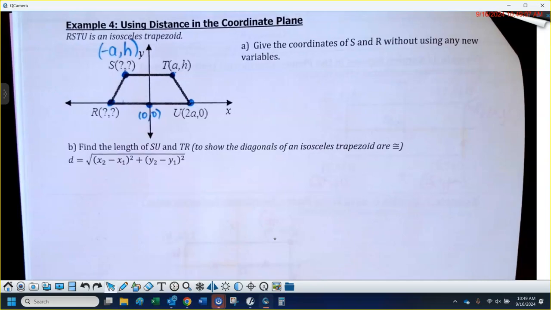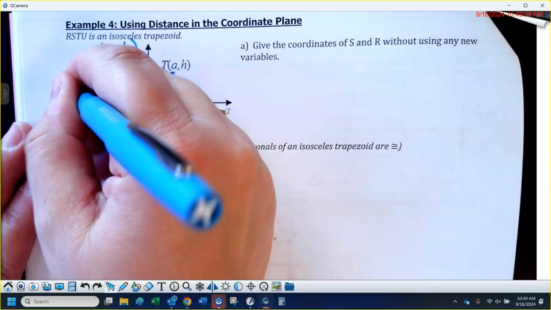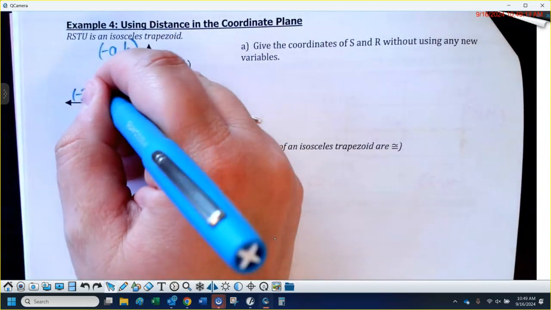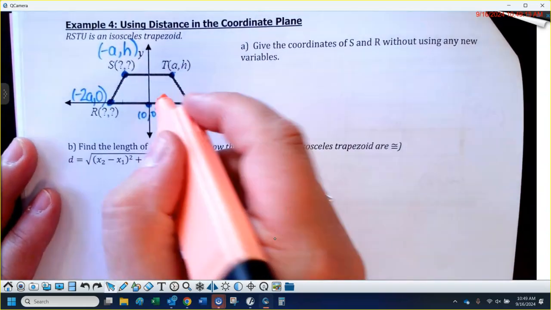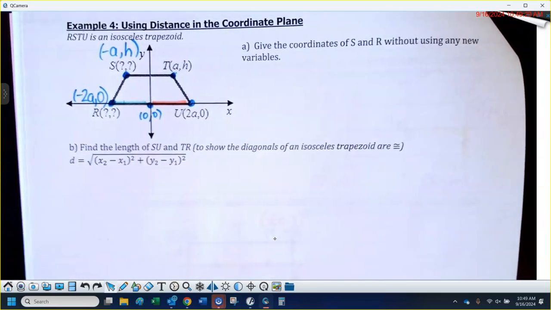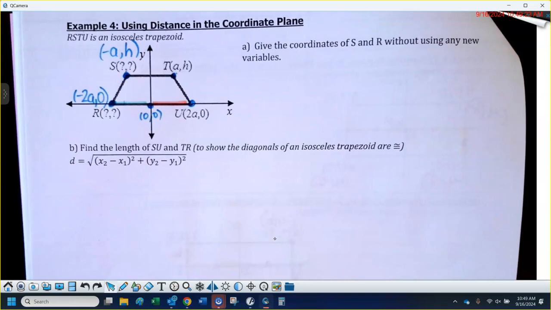What do you think? Exactly. This is just negative 2A because I'm going to the left, but the distance is the same. So like this little distance here and this little distance here, those are the same length. We're just going to the left. That's all the reason we put a negative in front of it.